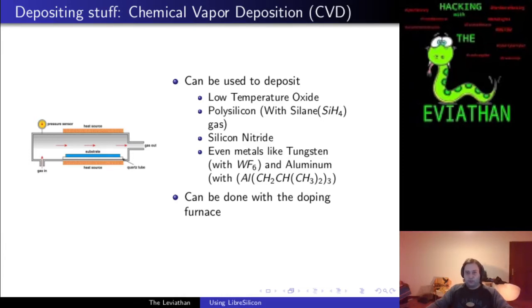because most gases needed for recipes for things like polysilicon, which is required to form polysilicon gates, or for depositing the low temperature oxide, require silane gas, SiH4, which is strictly regulated and has been used in World War II as a nerve agent.